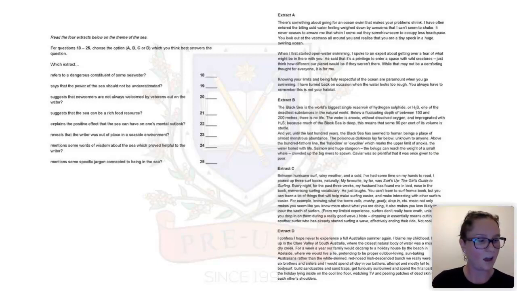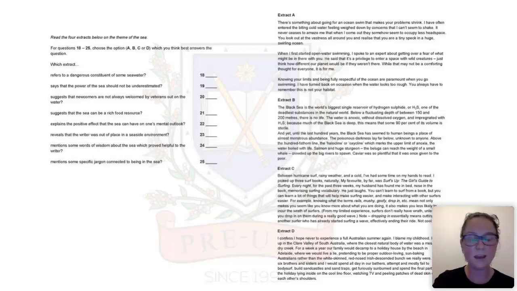So extract A, it's written in first person. So it's a reflection. It's written in the past tense. There's personal tone, there's figurative language, there's a lot of symbolism and emotive language. So the questions relating to that extract are going to be about the thoughts, feelings, insights, characterization of that persona.